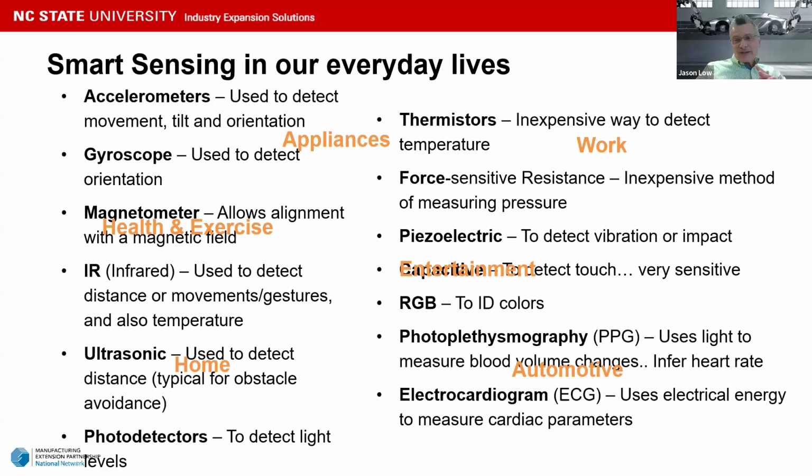Again, from last time, what are some of those sensing devices that we see? Here's an eye chart full of different types of sensors that might be incorporated in many of the things that we would encounter every day in our lives.